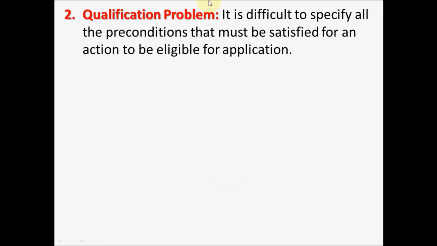Now the qualification problem refers to this: it is difficult to specify all the preconditions that must be satisfied for an action to be eligible for application. Like I said, what are the things that don't change? It's difficult to specify. Similarly, what are all the possible preconditions for a particular action to be applied is also difficult to specify.